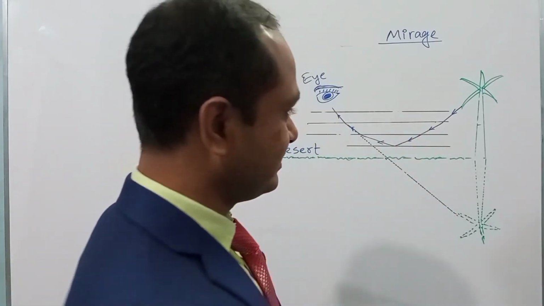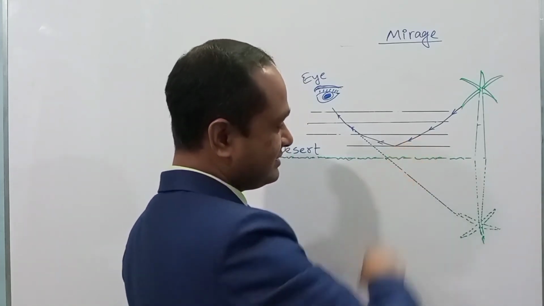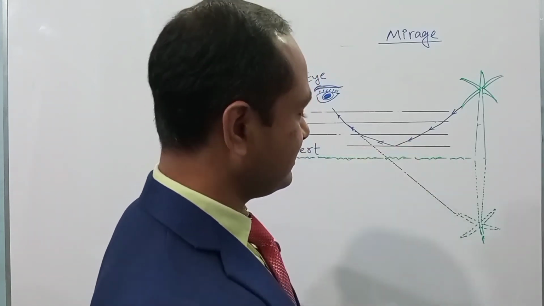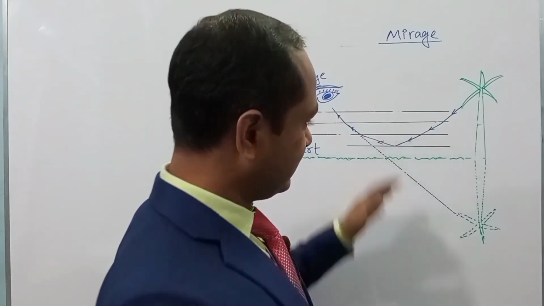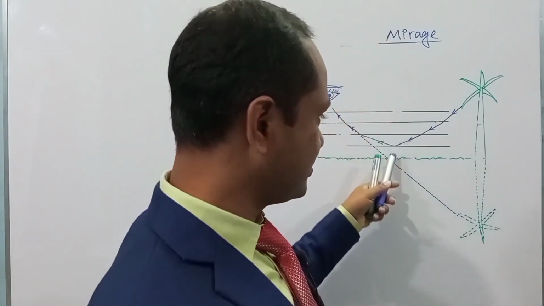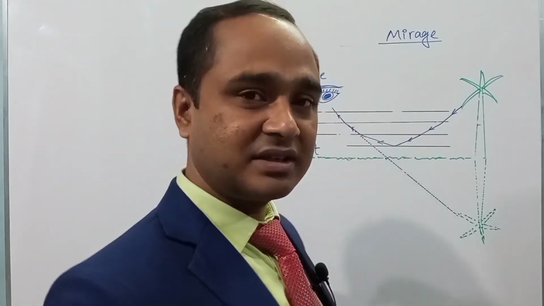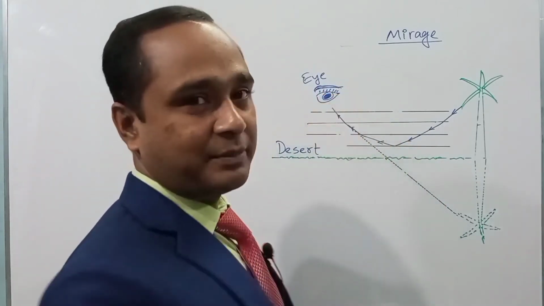So light will move away from the normal, and when light is incident on the plane of the second layer, if the angle of incidence is more than the critical angle between the two layers, in that case total internal reflection will take place, and the light will totally go back to the upper medium.